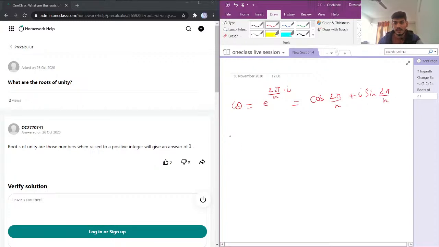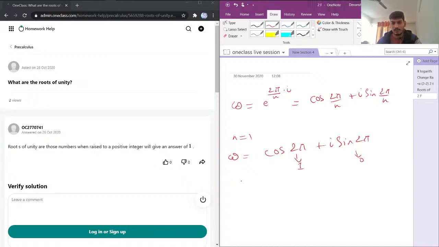So if I write, let's say for n equals to 1, my omega will be cos of 2 pi plus I times sine of 2 pi. So sine of 2 pi will be 0, cos of 2 pi will be 1.